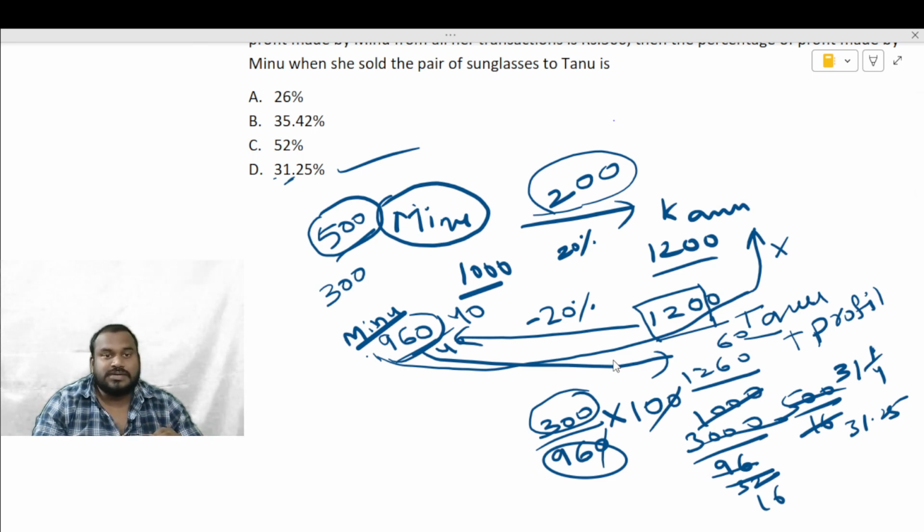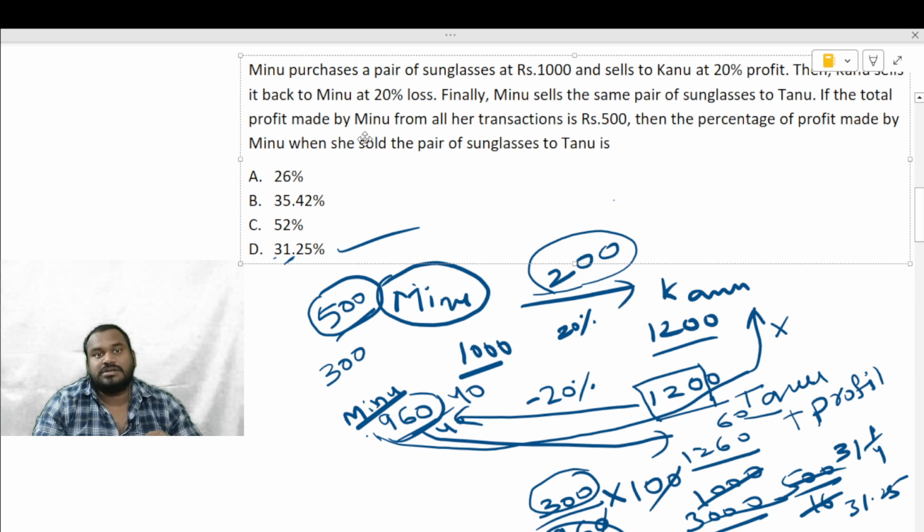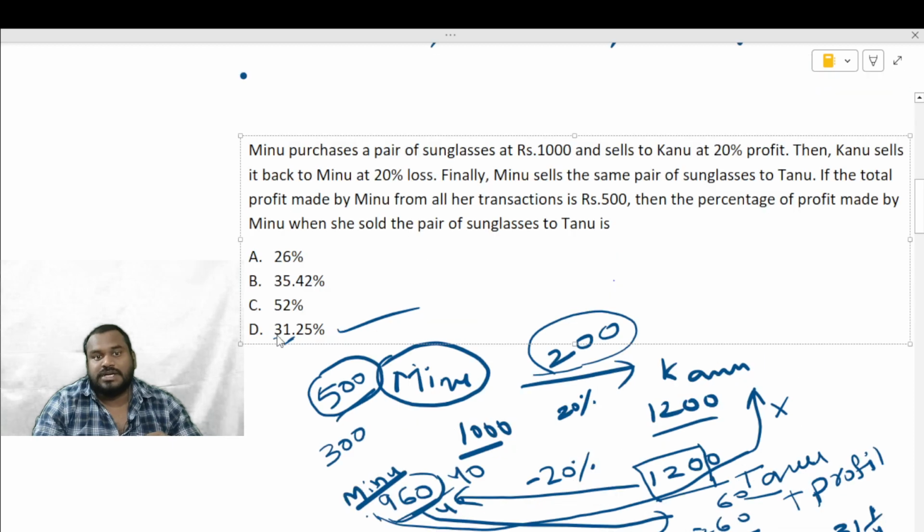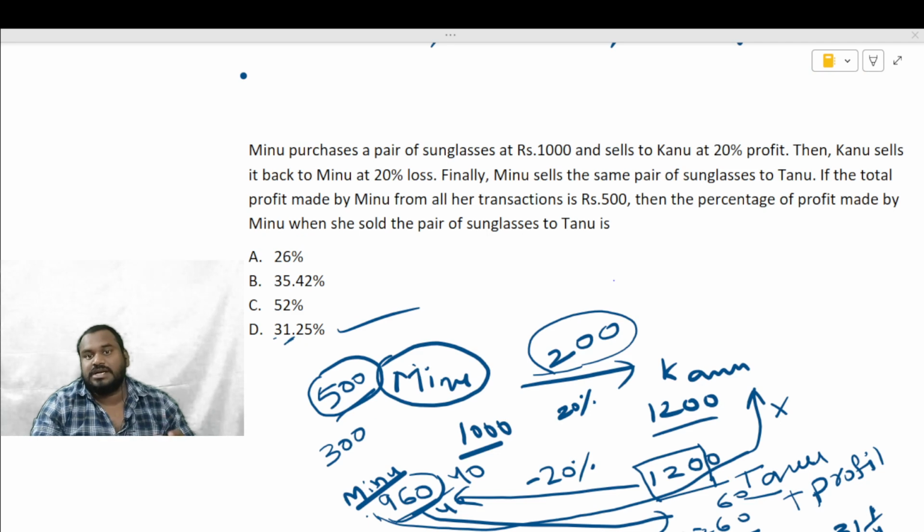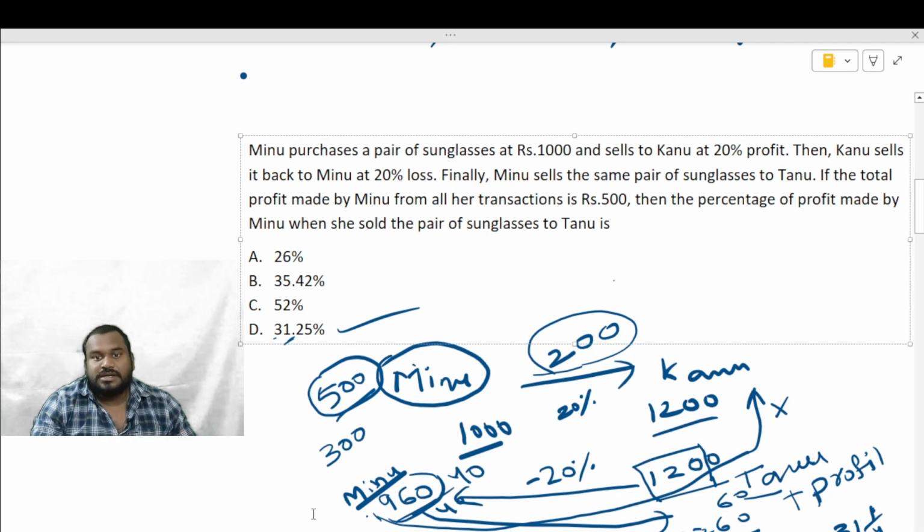Just guess the answer out of 4 without doing it completely. Suppose this 35 option is not there, and some 40 is there here. Once you get 3, you can directly select the answer.